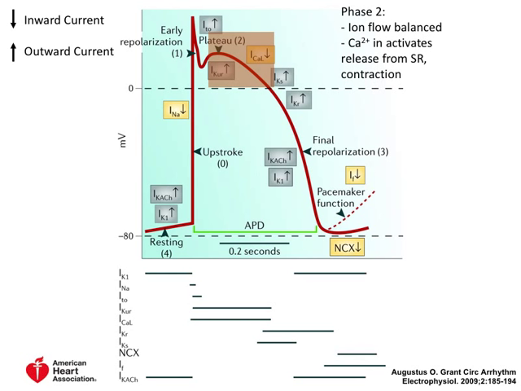And it's balanced to allow continued movement of calcium, which directly activates the sarcoplasmic reticulum to initiate contraction. It binds to something called a ryanodine receptor, but we don't need to know about that.